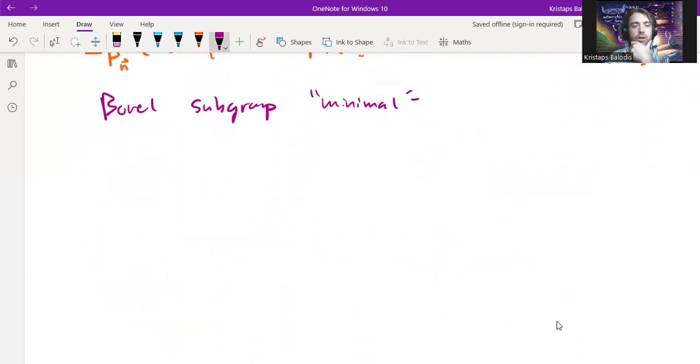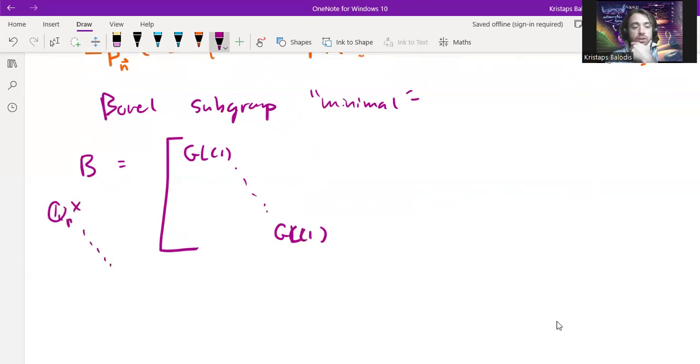So the Borel subgroup is going to be just a bunch of GL1s down the diagonal, which is to say a bunch of Q_p crosses down the diagonal. Which is great, because remember this whole idea we hit on last time: we understand characters of GL1, the simplest one, so let's try and induce those to get at these representations.